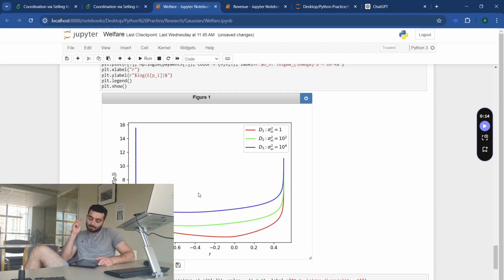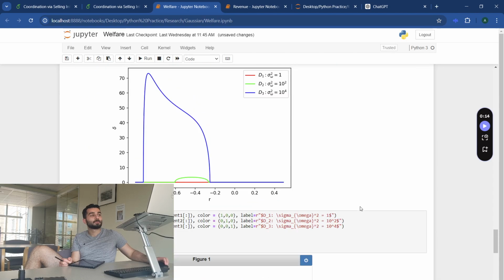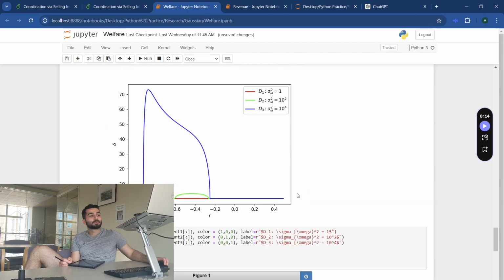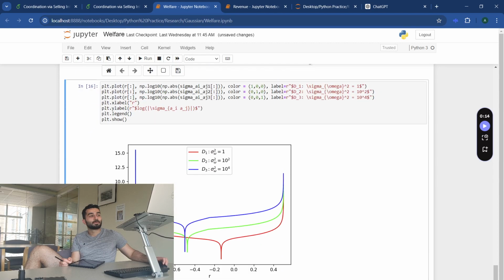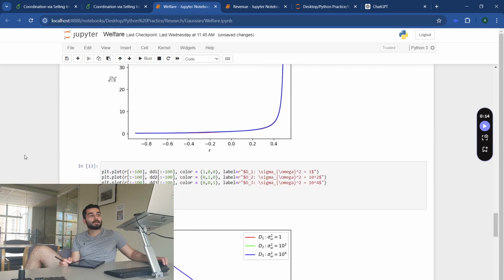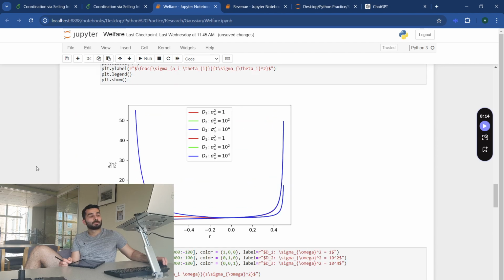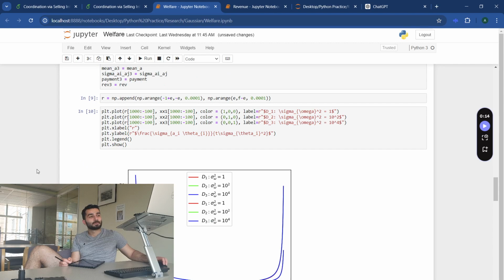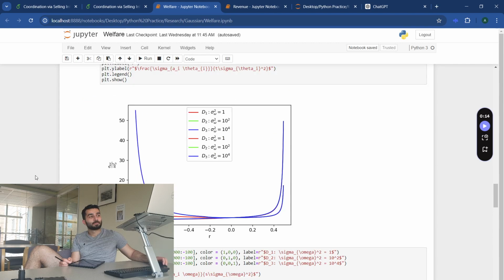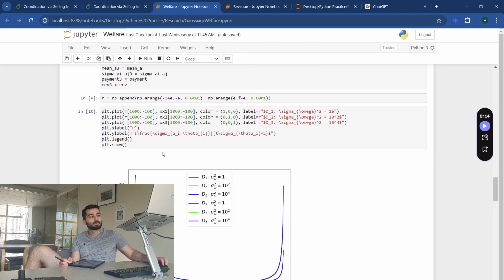Okay, let's see. Nash equilibrium. By the way, is our x always greater than 1? Sigma I theta I, right? Where is it? Oh, okay.